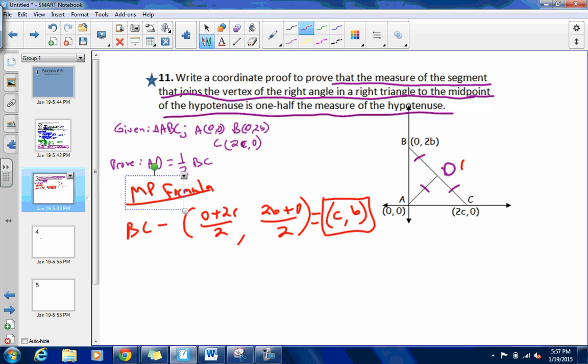So it would be point C, B. All right, so now we've got all the points that we need. Let's find some distances then. We'll use the distance formula.